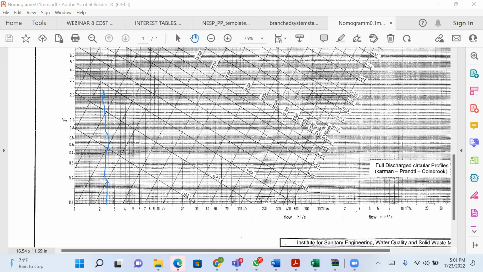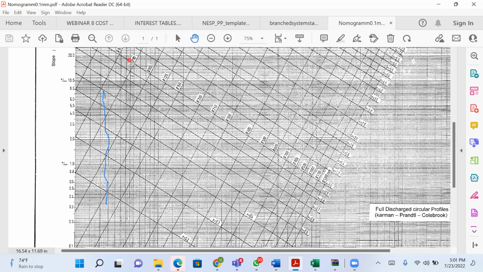Okay, I'll now read it against somewhere here. So if I scroll up, that is between pipe size 80 and 100. And we'll choose the biggest one.